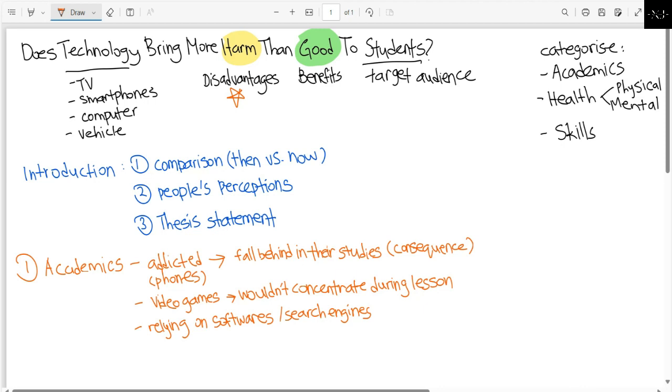So if they are constantly relying on softwares and search engines to find or provide them the answers of their assignments, in the long run, how are they going to be independent thinkers? So I'm just going to put like a question mark for independent thinkers. I don't think they will be able to do that.